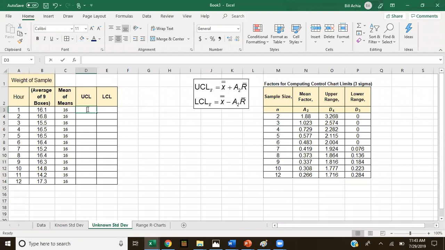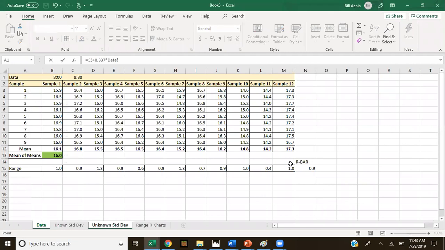So the upper control limit equals 16 plus 0.337 multiplied by R bar, which is 0.9.